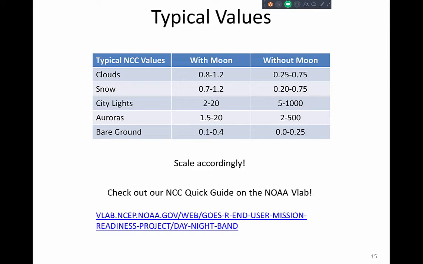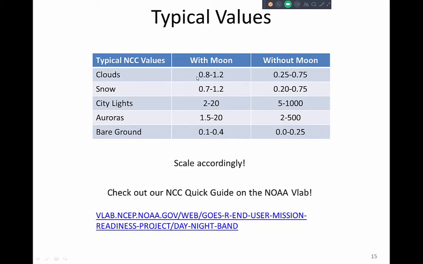And so just the last slide, I have some typical ranges here that you can expect to see for different features of interest. When you have moonlight available, clouds and snow are going to have values that are pretty close to 1. Although snow may be darker if it's mixed in with tall grass or in forested areas, of course.